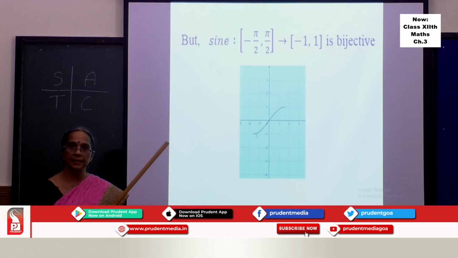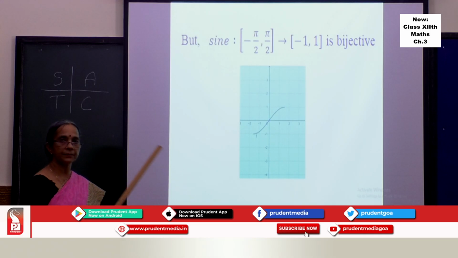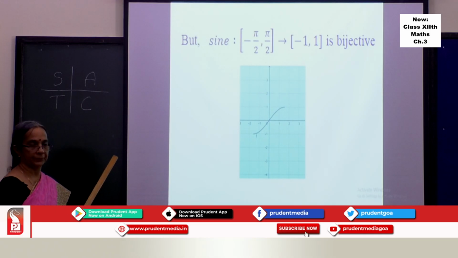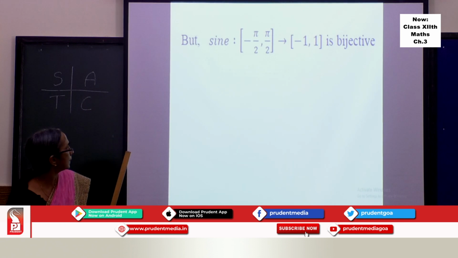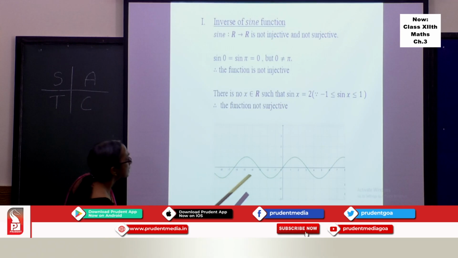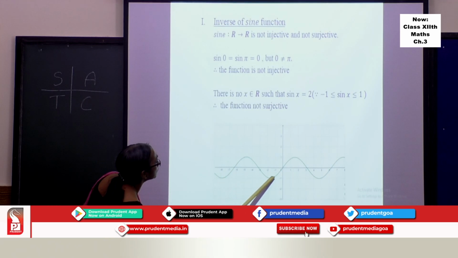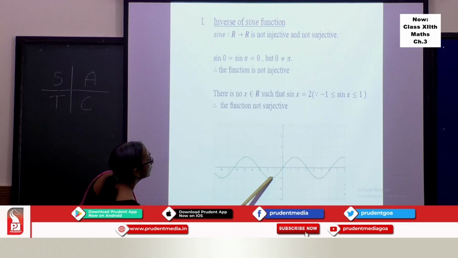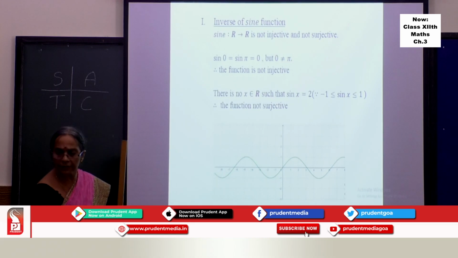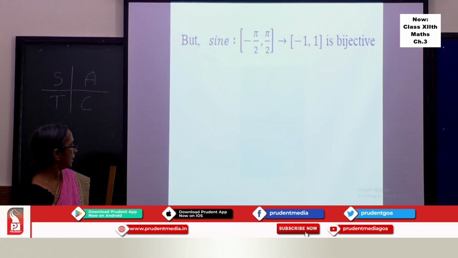So, it shows it is both injective and surjective. And the previous graph, this is a part of it. I will show you the previous graph. It is here from minus pi by 2 to plus pi by 2, this graph is a portion of the previous graph.